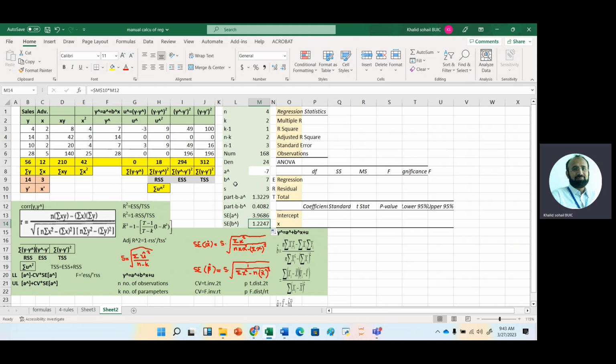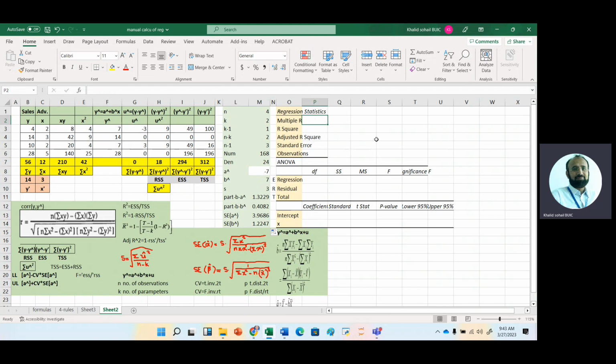Now we will complete this table because if we run this simple regression model using the Excel data analysis option, in the output we have three parts. The first one is regression statistics, then ANOVA, and then the significance of the intercept.